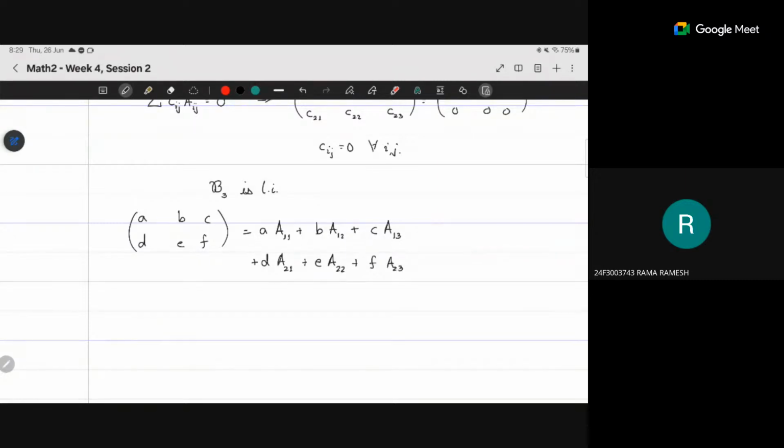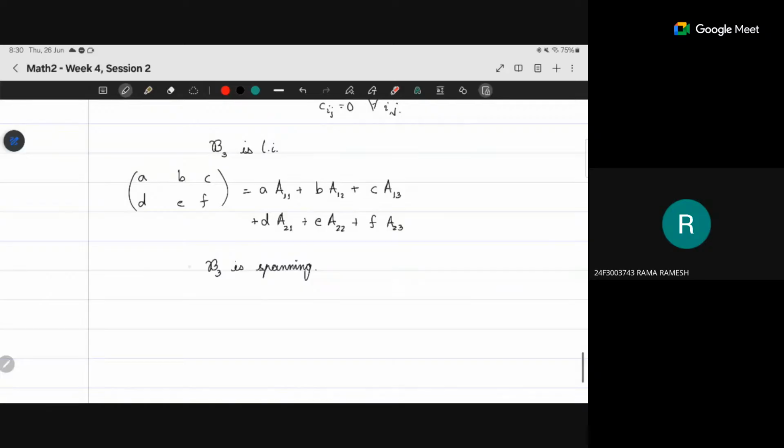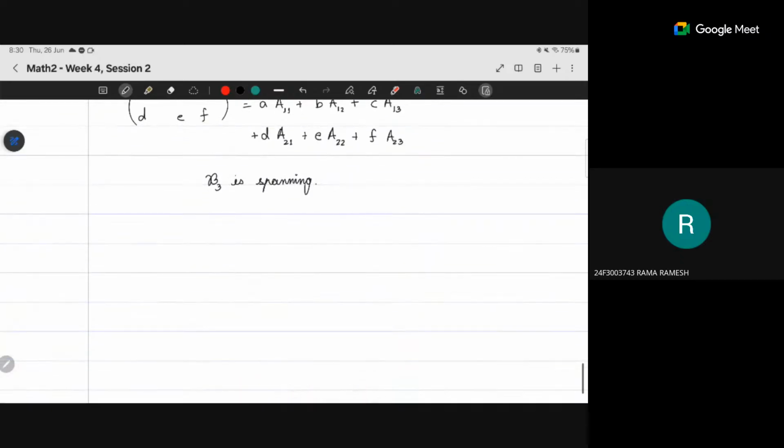So any element can be written as a linear combination of these given elements. So B3 is spanning. B3 is linearly independent, B3 is spanning. What does that mean? B3 is a basis.